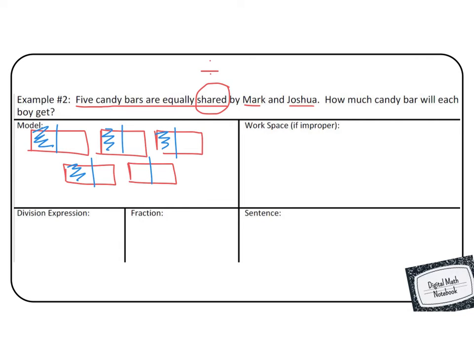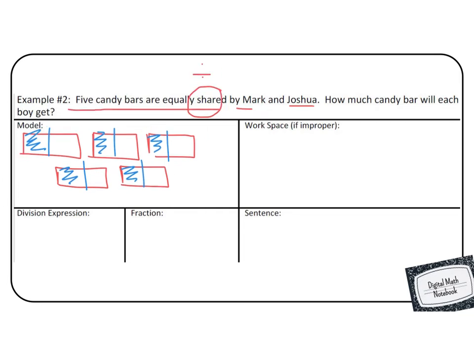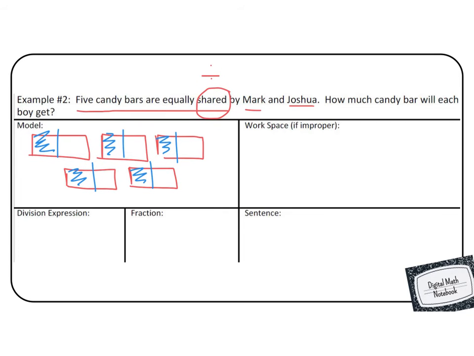Here's half and here's half. And then Joshua is going to be green. He's going to get the other half of each candy bar. So if I am Joshua, that means I got 1, 2, 3, 4, 5 halves. Huh. All right, let's do that with math.